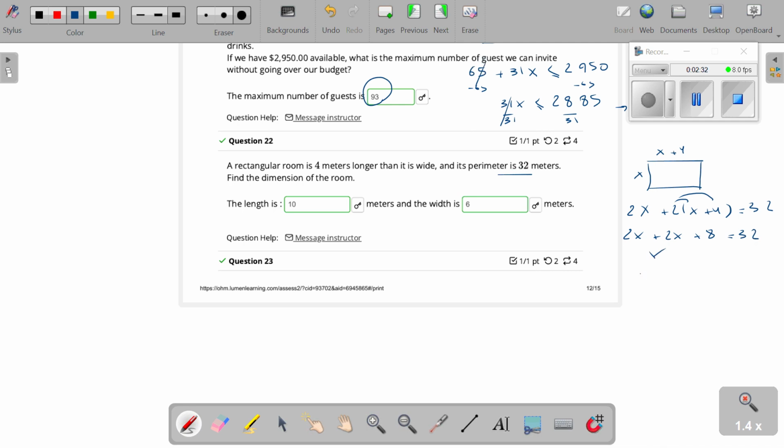Now these two combine, 4X plus 8 equal to 32, and 4X will be 32 minus 8, which is 24, and X will be 24 divided by 4, which is 6. So the width is 6, and the length will be 6 plus 4, which is 10.